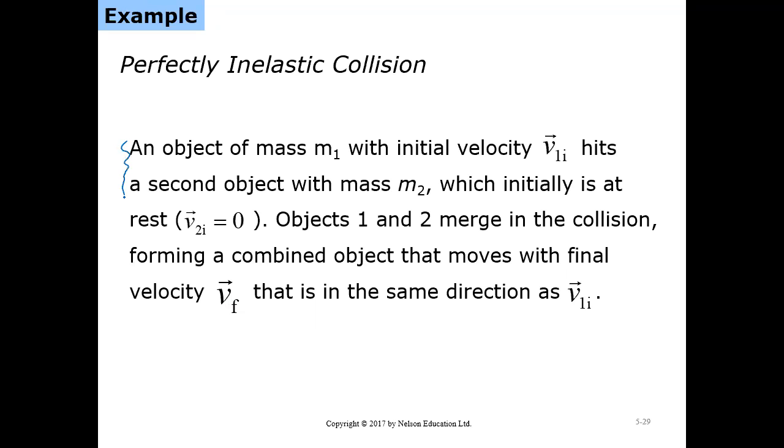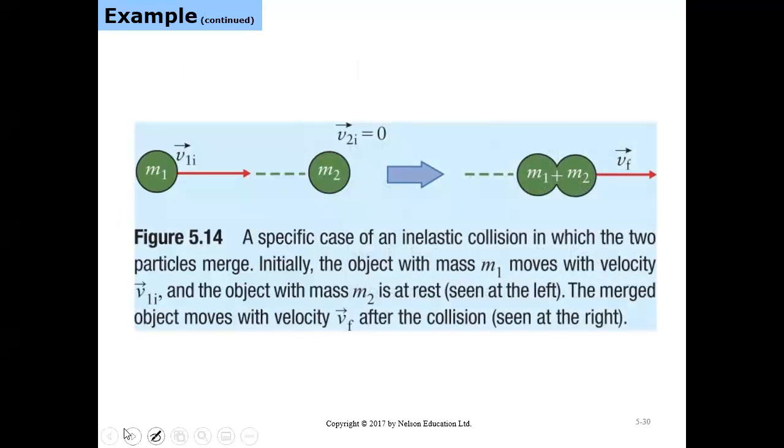So we have a question where after the collision, the two objects merge, combine together, and we are asked to find the final velocity of this combined object given the initial velocities of the objects. So let's look at the picture of this question, with an additional simplification.